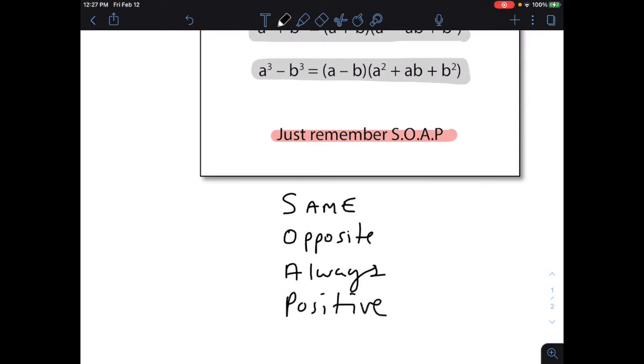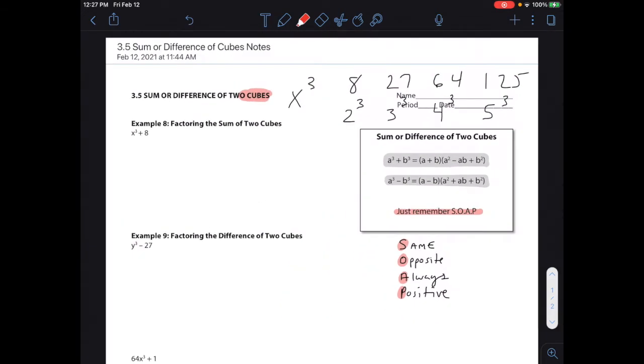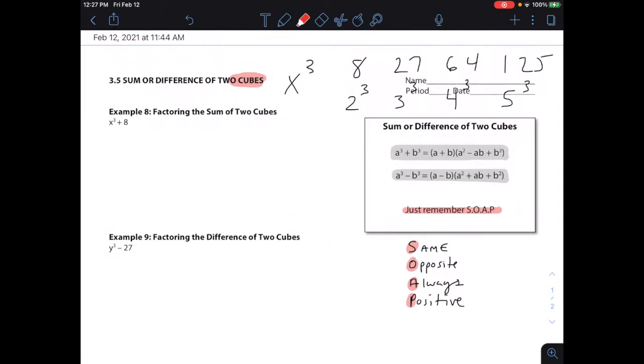Okay, so there we go. That's how we get SOAP. Same, opposite, always positive. And if you can remember that, then you're going to be able to do these just fine.